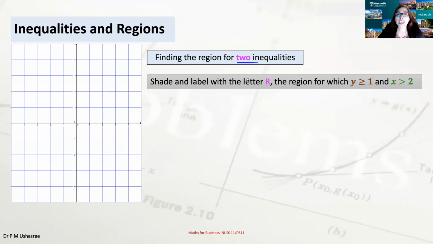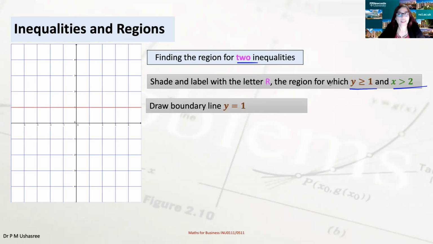Shade and label with the letter R the region for which y is greater than 1 and x is greater than 2. First, you draw a straight line where y is equal to 1, and you know how to draw that. Y is equal to 1 is a straight line which is parallel to the x-axis.